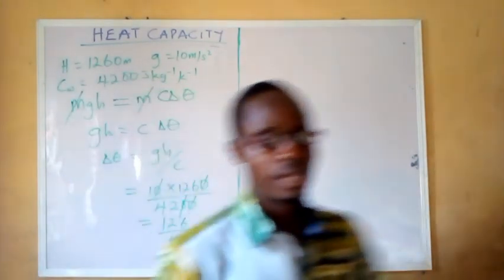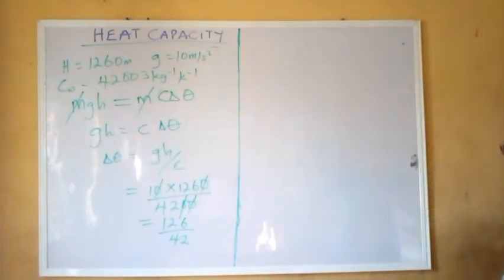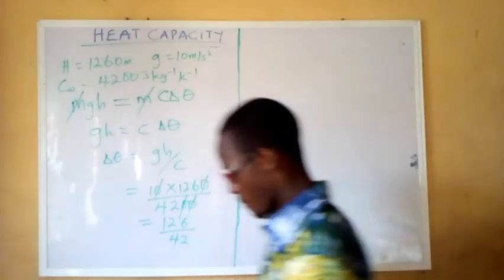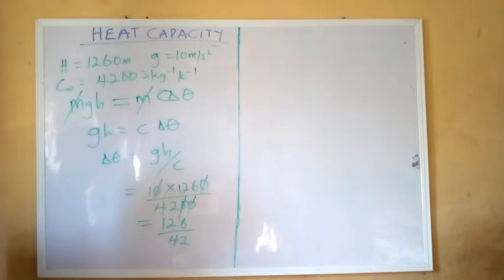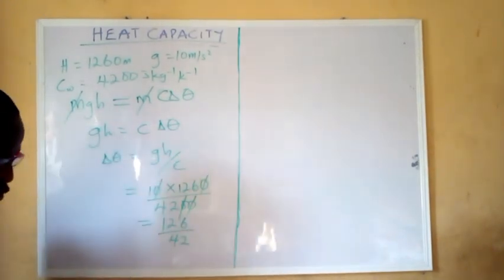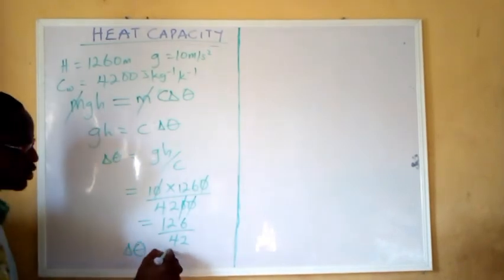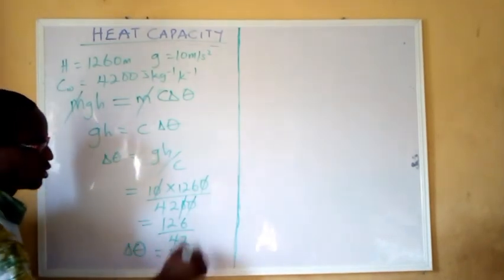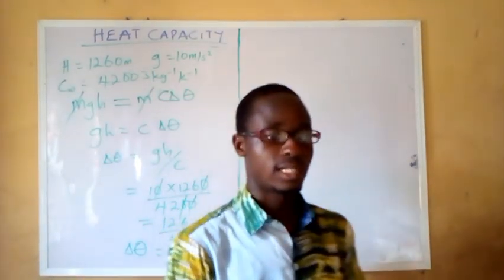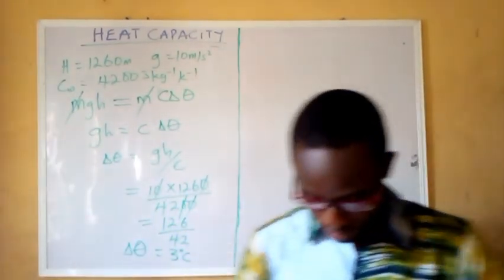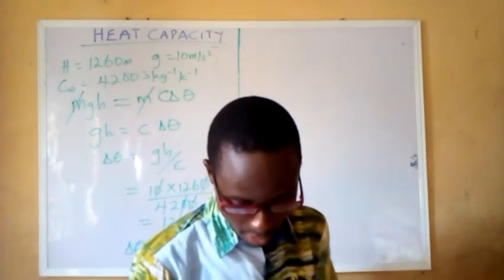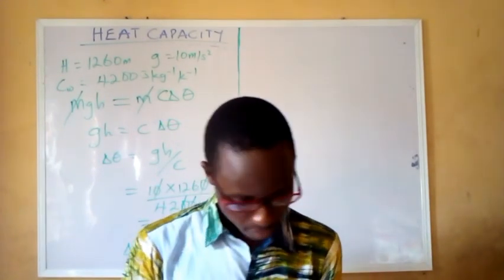By the time we calculate that, we have 126 divided by 42, so that gives us 3. The change in temperature is just 3 degrees Celsius. So as far as that question is concerned, we have the first solution to that. So let's check another series of questions that might come.